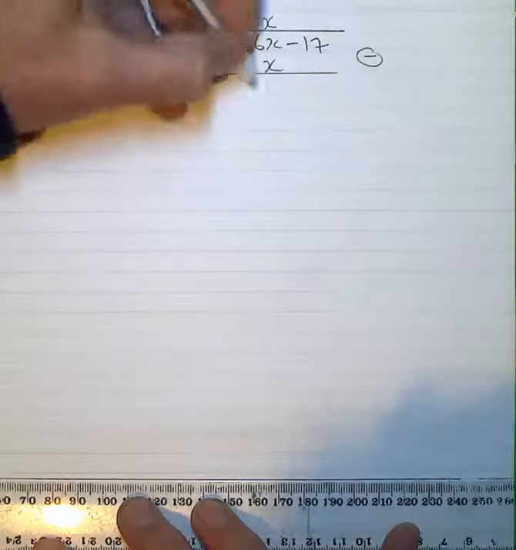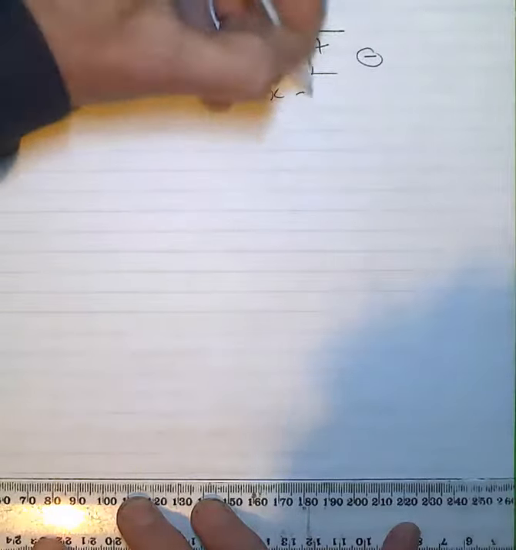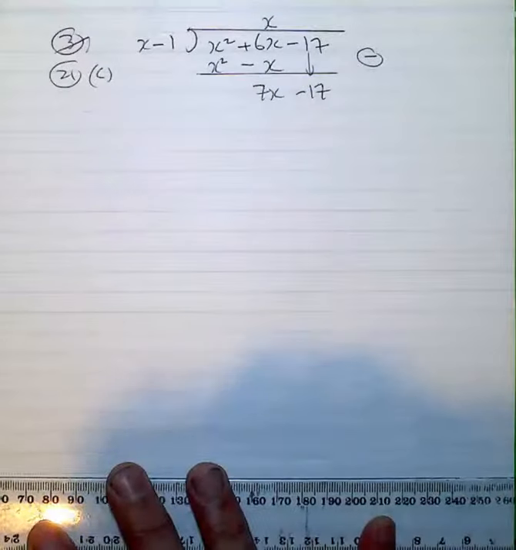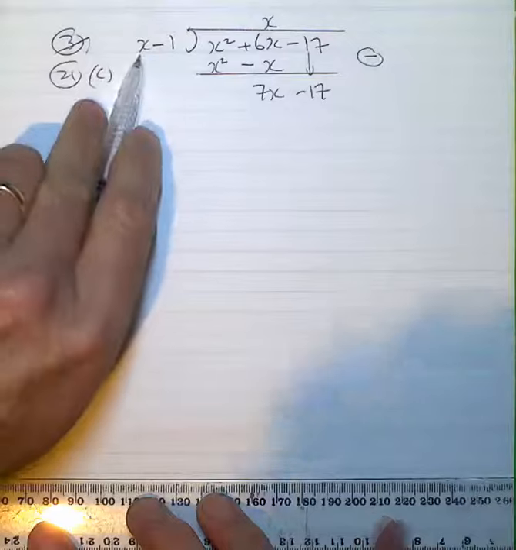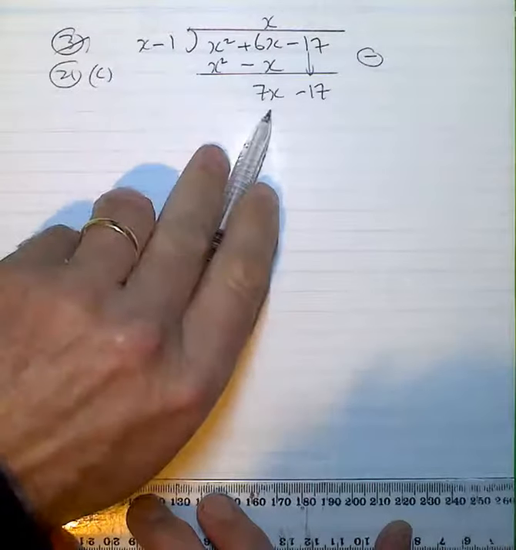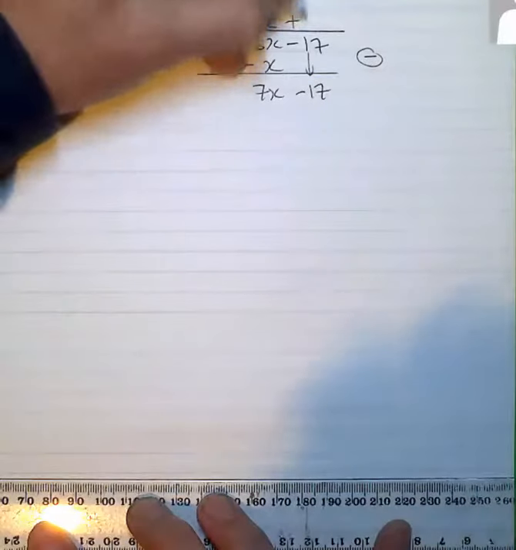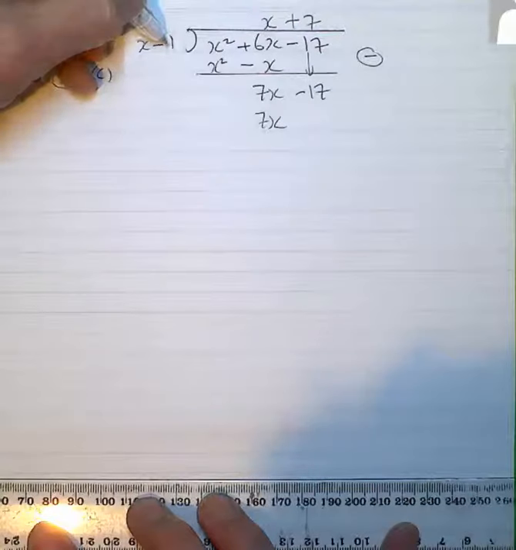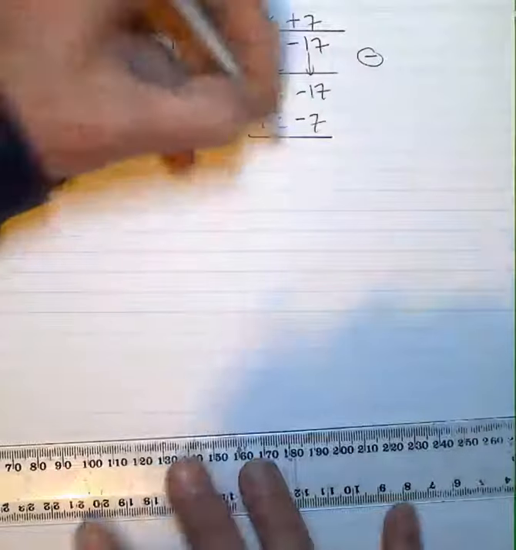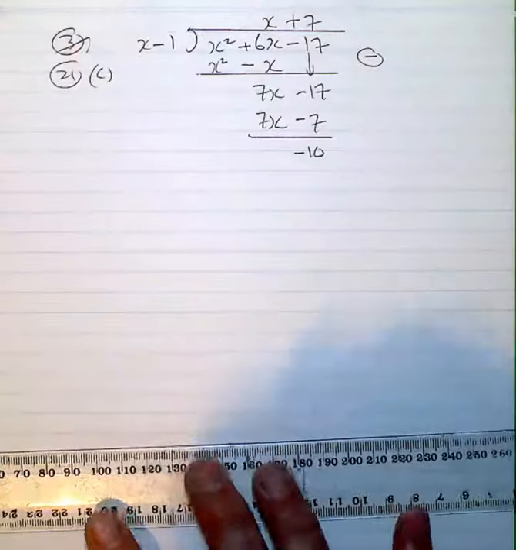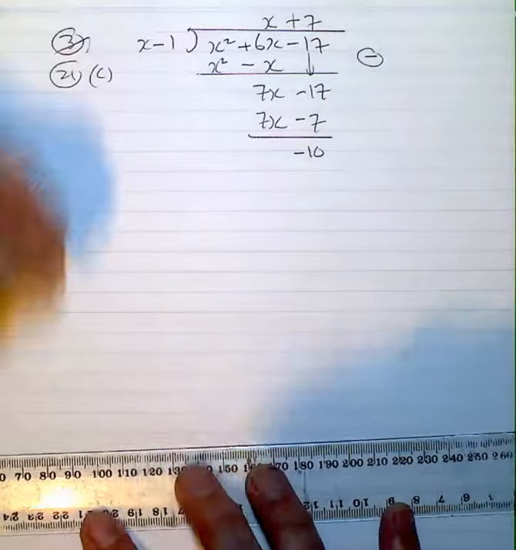Subtracting down the page, that gives me 7x, bringing down the negative 17. I then ask myself, what do I multiply x by to get 7x? That will be a plus 7. And then negative 1 by 7 is negative 7. Subtracting down gives me a remainder of negative 10.